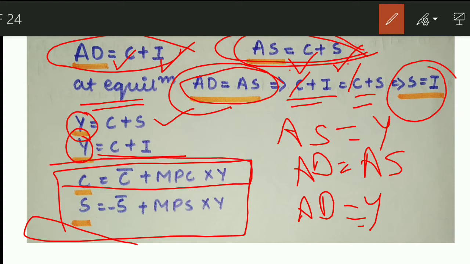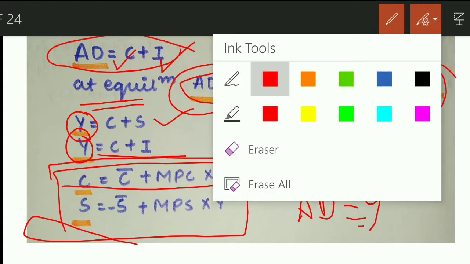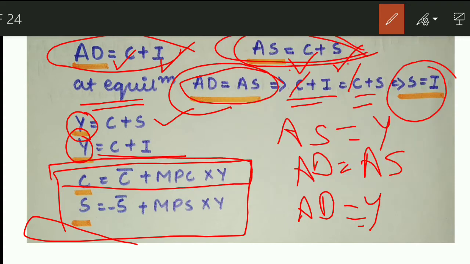Okay. After that, there are two more things that are quite new to you. These are consumption and saving. So in order to find consumption, please remember this equation, because there are certain questions in your examination which require you to find consumption. So for finding consumption, you have to add autonomous consumption, that is consumption at zero level of income, plus marginal propensity to consume into income together. Alright.